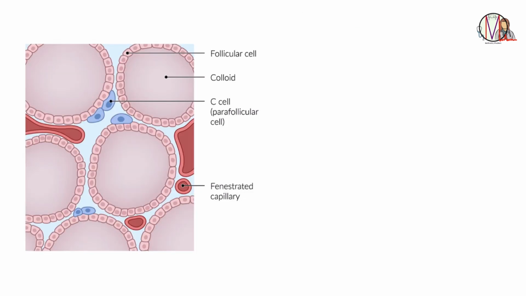Let's zoom in here. So, this is inside the thyroid gland. There are these follicular cells arranged in rings, and here, this cell next to the follicular cells is the parafollicular cell, also known as C cells. The thyroid follicle is actually the main component and is the smallest functional unit here.